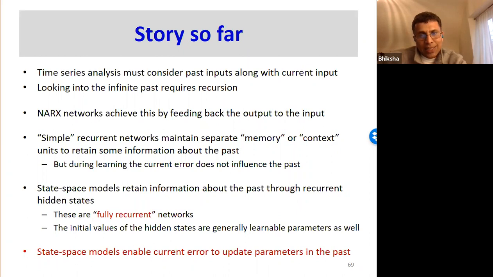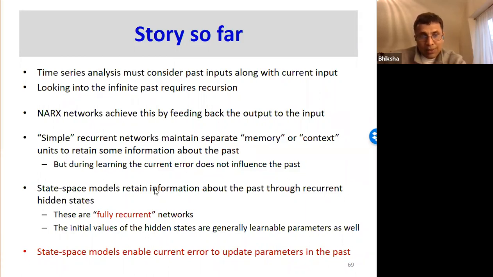So here's the story so far. Time series analysis must consider past inputs along with the current input. They must look into the infinite past, and that requires recursion. NARX networks achieve this by feeding back the output to the input. Simple recurrent networks maintain separate memory or context units to retain some information about the past, but during learning, the current error does not influence the past.